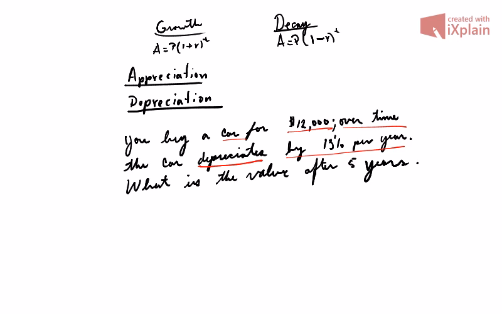Okay, so in essence, we've got our formula, and we know one, is it growth or is it decay? And obviously, the value of the car is decaying over time. So we're going to use A equals the principal amount times 1 minus the rate, taken to the power of time.